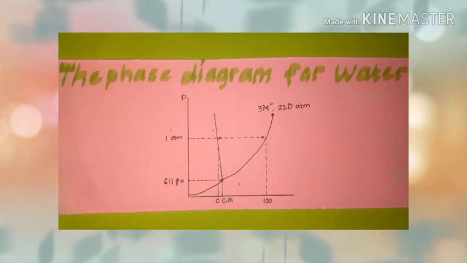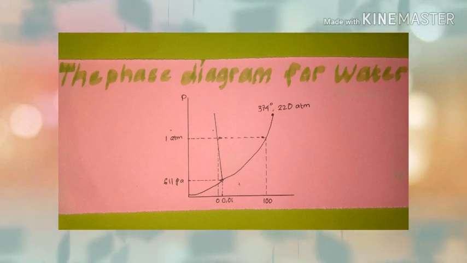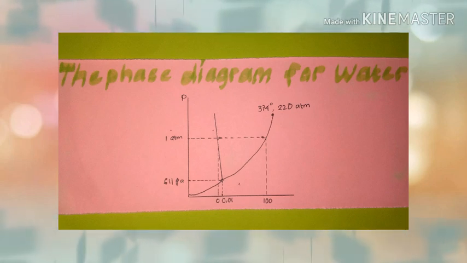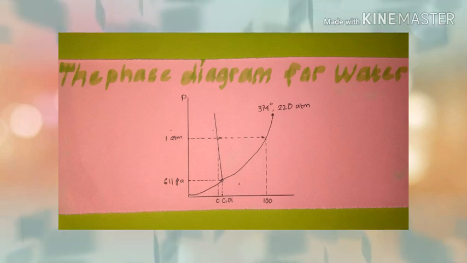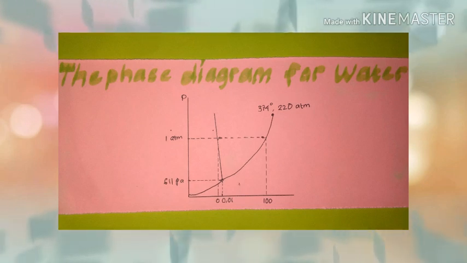This lower melting point under the pressure exerted by the weight of the skater through the knife edge of the skate blade is part of the reason that ice skating is possible.